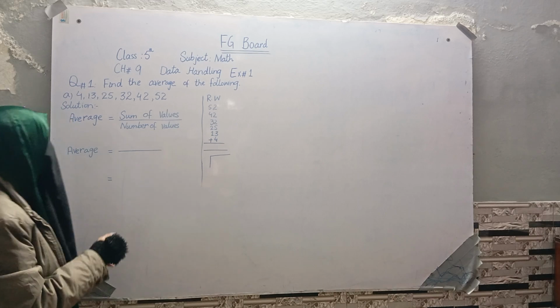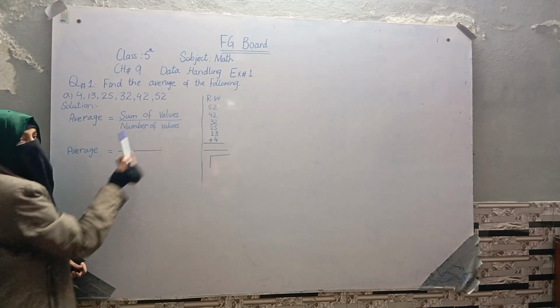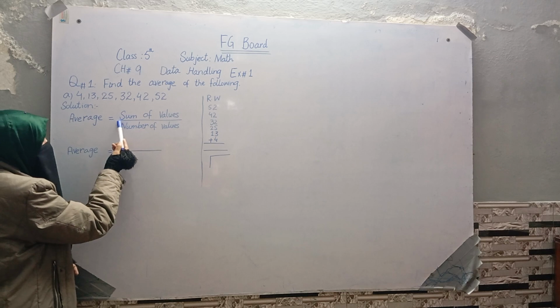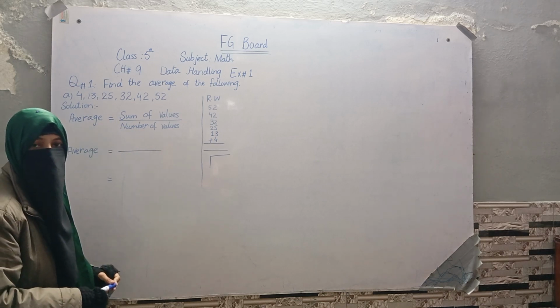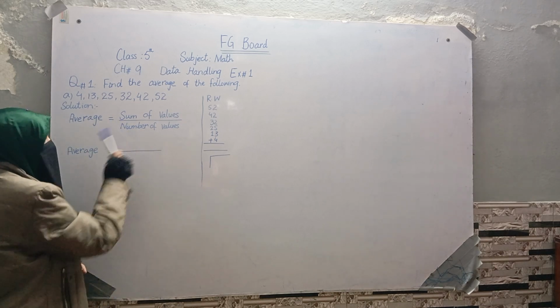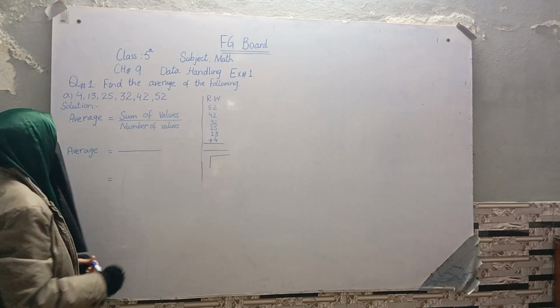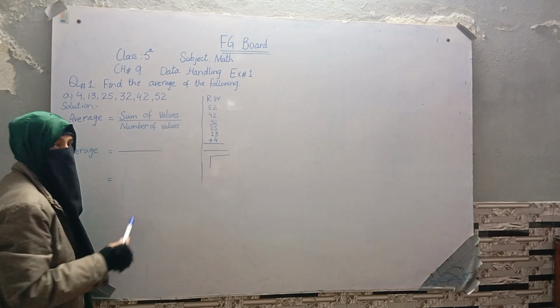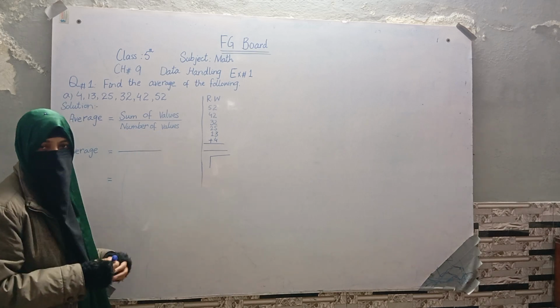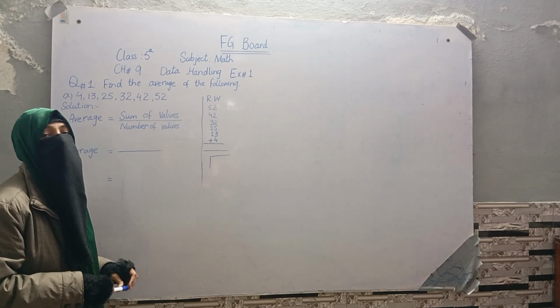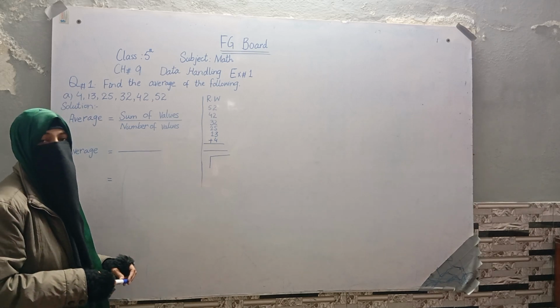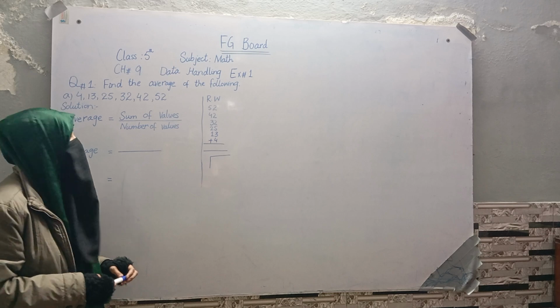Average is equal to sum of values divided, this line is the sign of division and we also say the fraction line, by the number of the values. As we took the example, we took 4 things: chair, table, dice, books.